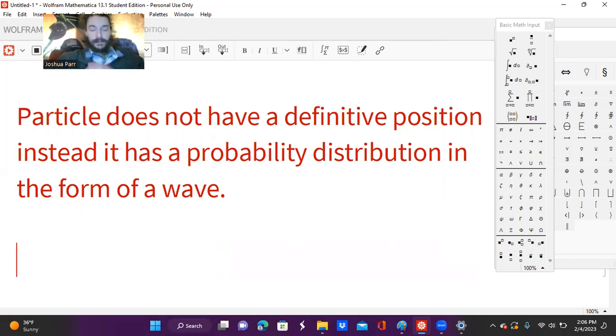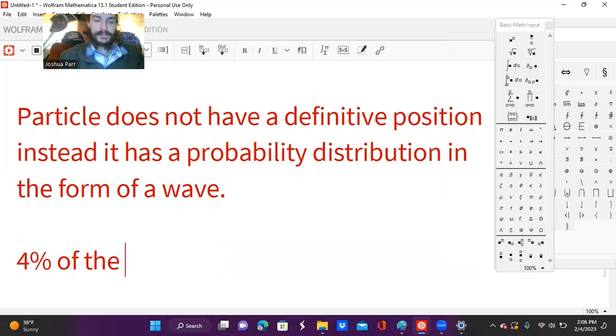The crazy thing is, I think the number is something ridiculous, like 4% of the universe is matter.